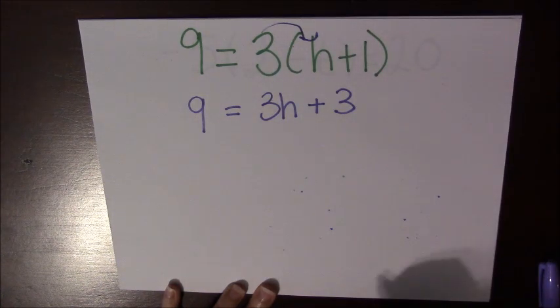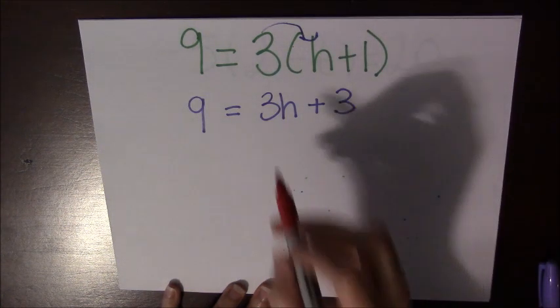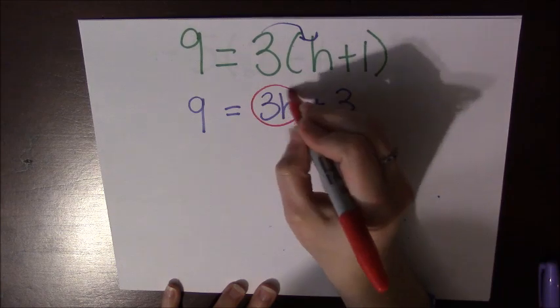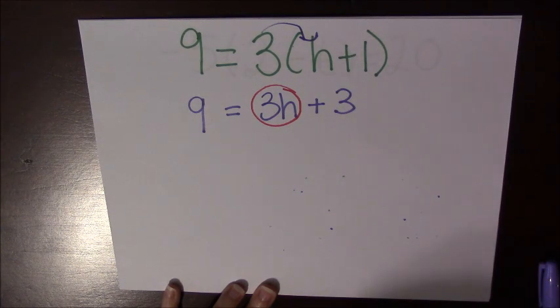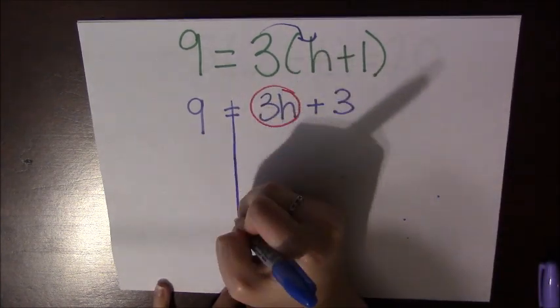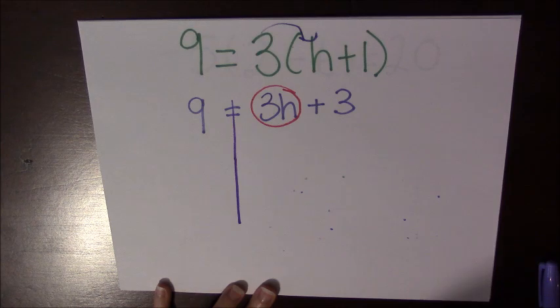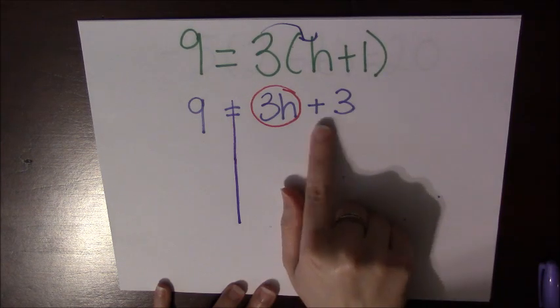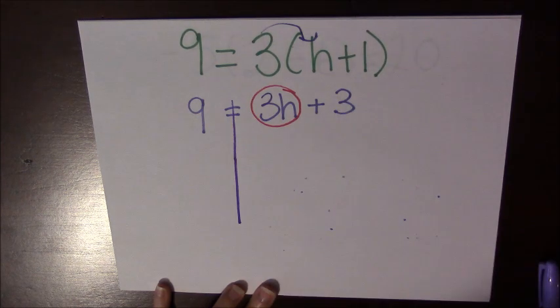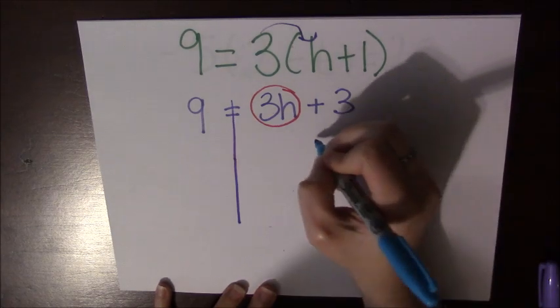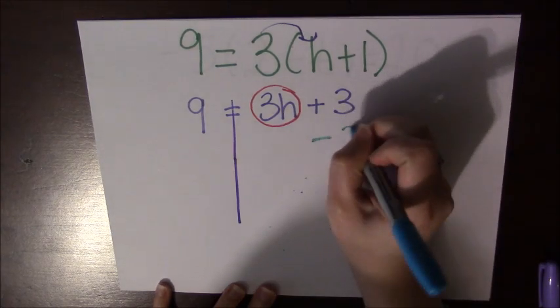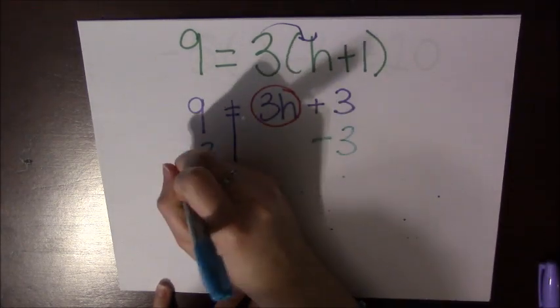We circle our variable and coefficient. In this case, it's 3 and h, so circle our variable and coefficient. We draw our river so we can keep the sides balanced. I get rid of whatever's not circled, so plus 3. The opposite of plus 3 is subtract 3 on both sides.